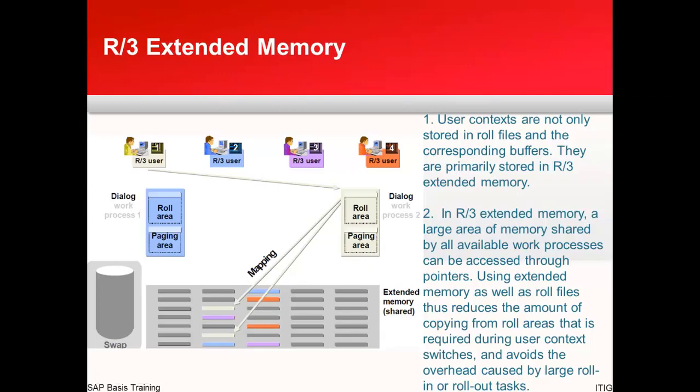Using extended memory as well as role files thus reduces the amount of copying from the role area required during user context switches and avoids the overhead caused by large roll-in or rollout. And if you see a lot of rollout, roll-in, a lot of swapping or paging taking place, that means your system is running short of memory and you need to feed in more memory.